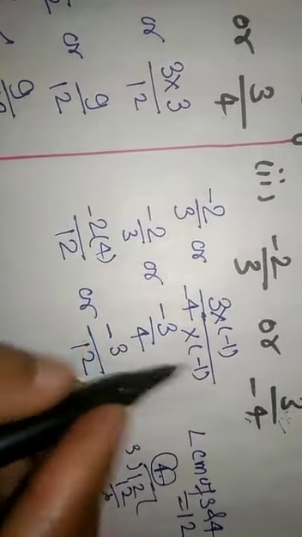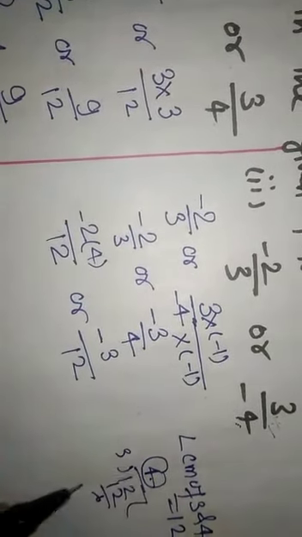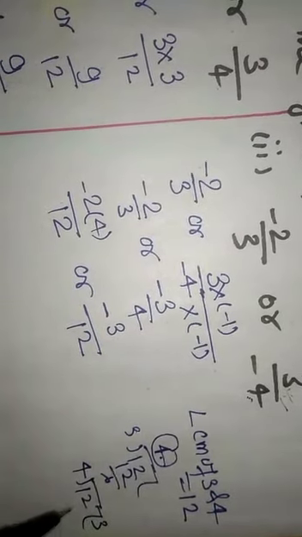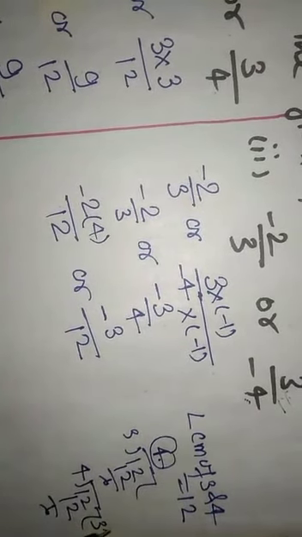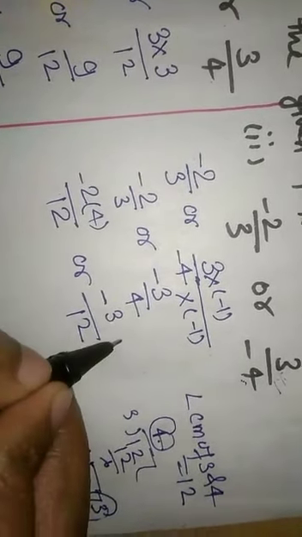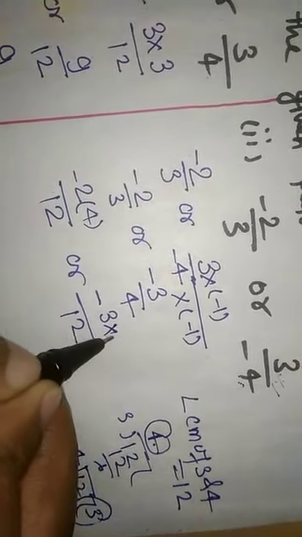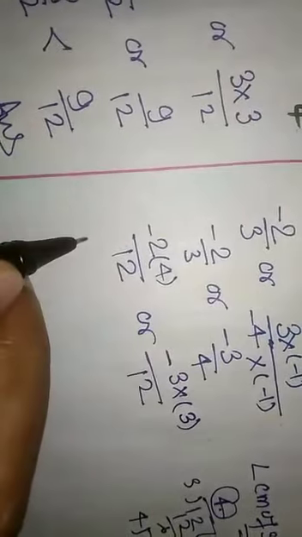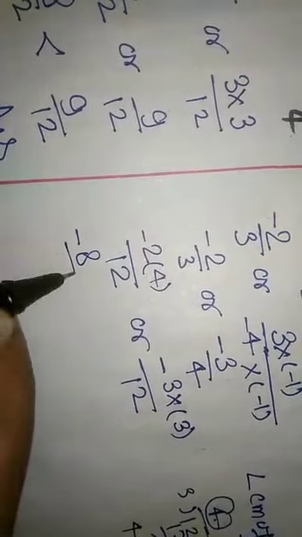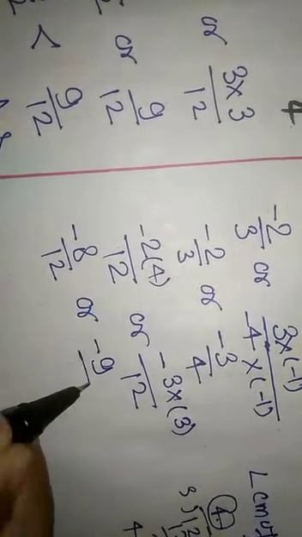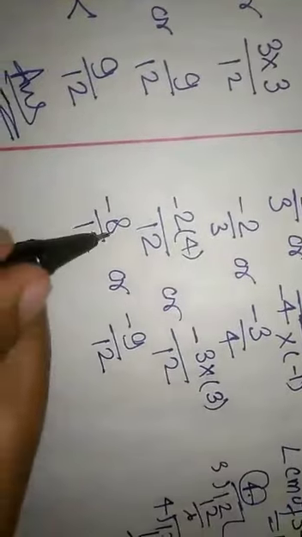And now the second denominator is 4. So 12 divided by 4. What do you get? 3. So 3 is multiplied by this numerator. What do you get? Minus 8 by 12 and minus 9 by 12.